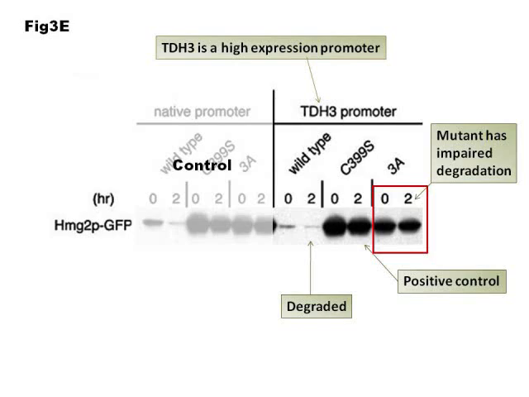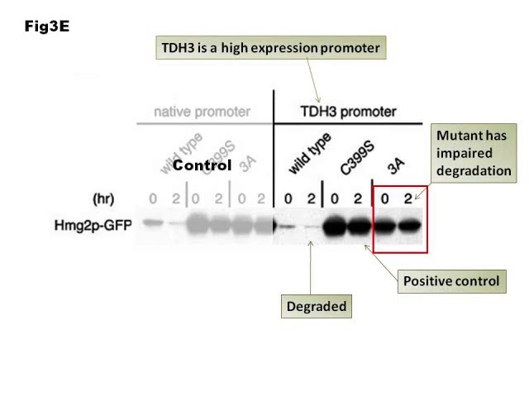The results show that wild-type degradation of HMG2P-GFP was the same behind the TDH3 promoter as it was behind the native promoter. The same thing occurred with the C399S mutant, as impaired degradation could still be seen, as well as with the 3A mutant. You can see it boxed in red.